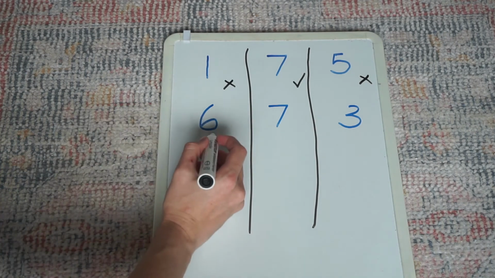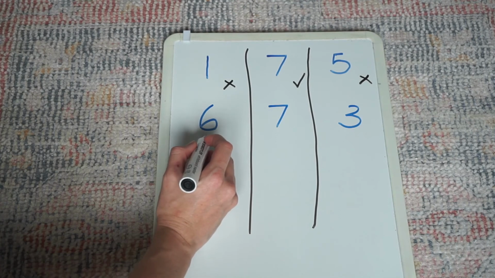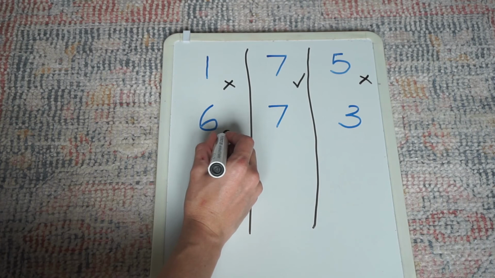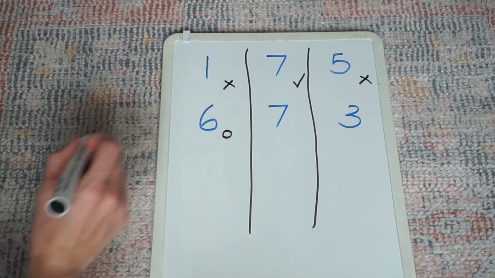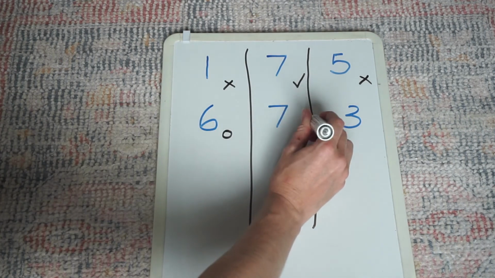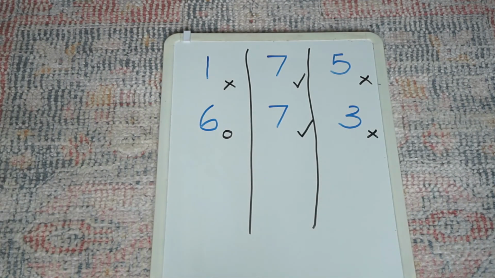Now, in my number, I actually do have a 6, but it doesn't belong in this spot. So I'm going to draw this symbol, which means it is in my number, but it is in the wrong column. 7, once again, is the same, and I do not have a 3 in my number.